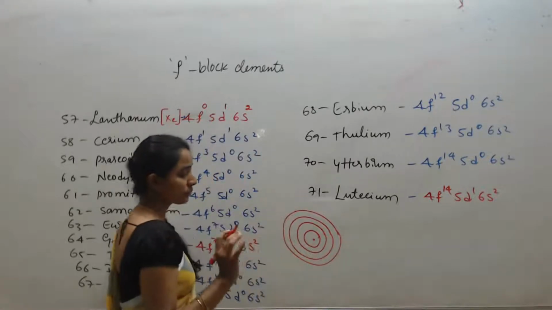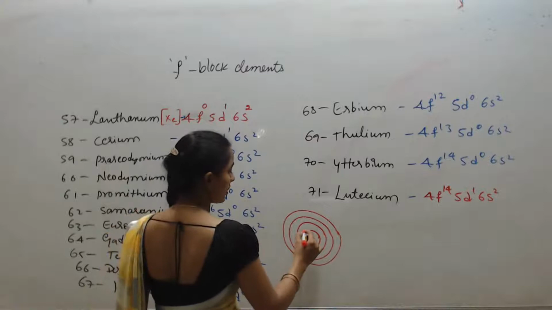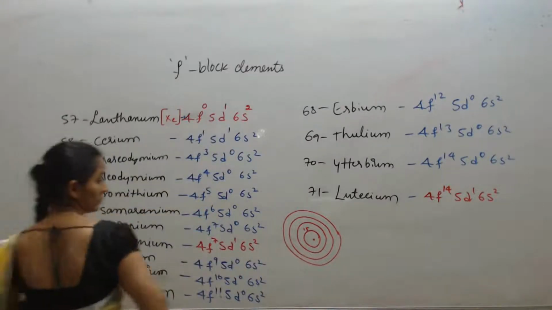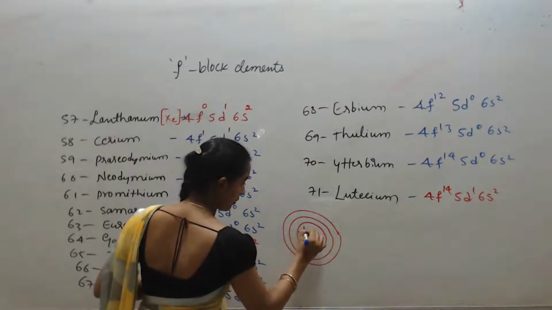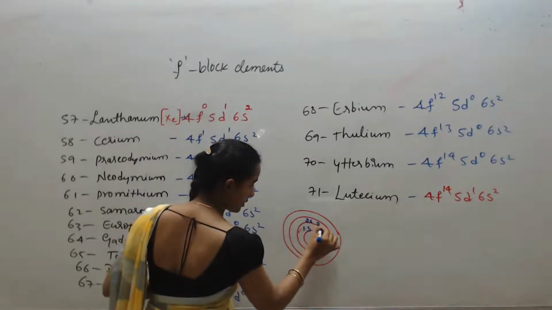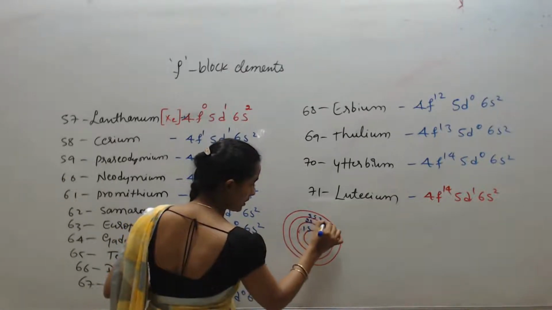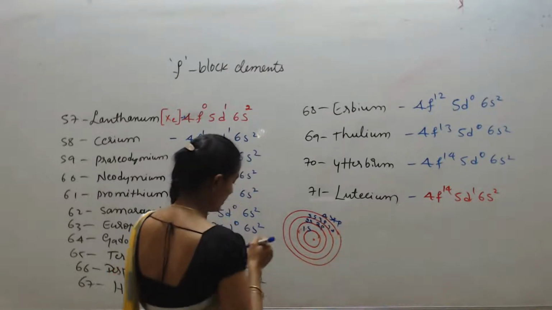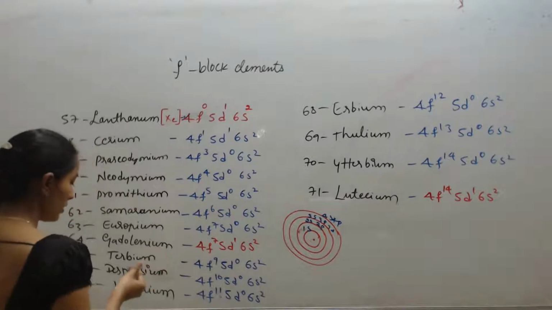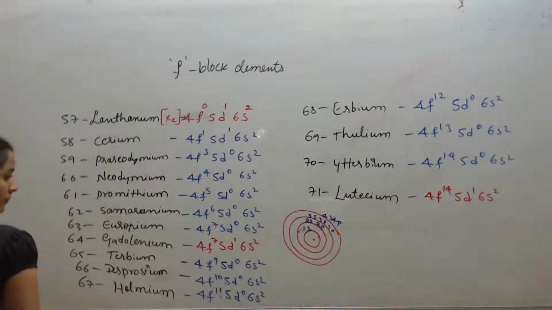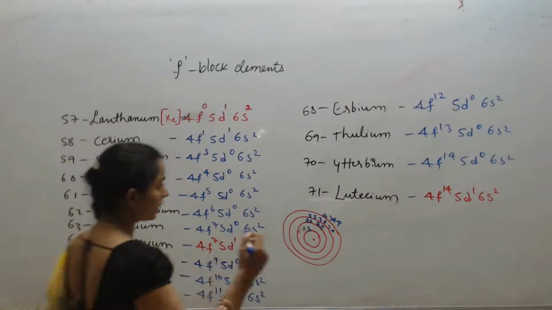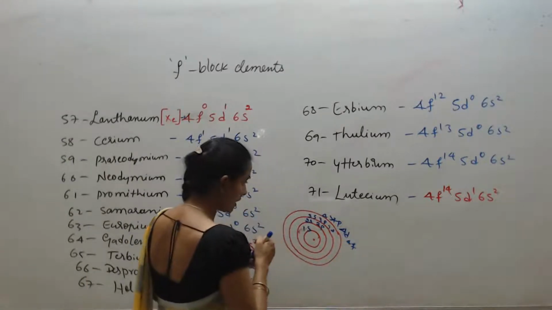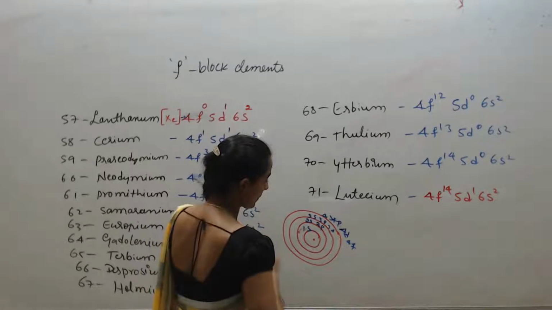You assume here this is 1s, 2s, 2p, 3s, 3p, 3d, 4s, 4p, 4d, 4f.